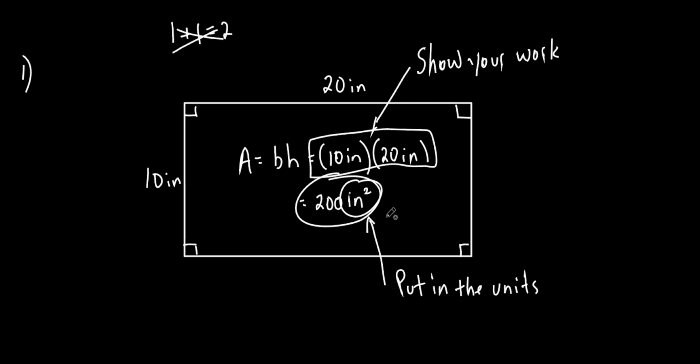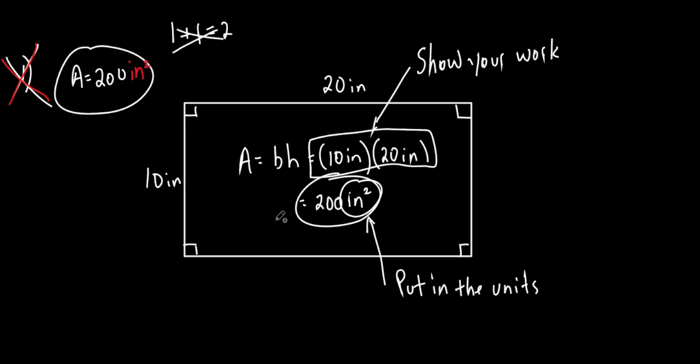So if this is number 1, and all you wrote was A equals 200, and that was your answer, what am I going to do? Boom. Well, I already minus 1, because I only take off 1 point anyway. But I'm going to mark it wrong. Everybody understand? And what am I going to do on your test? Okay, it'll be in red. All right, so I'm going to go like this in red, and then I'm going to write what? Inches squared.